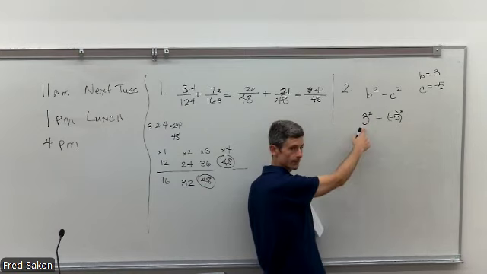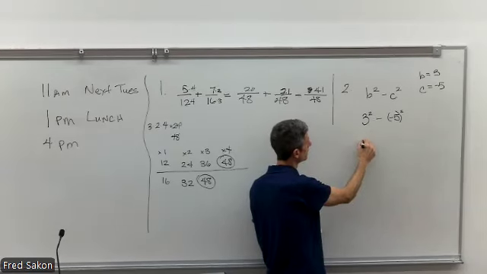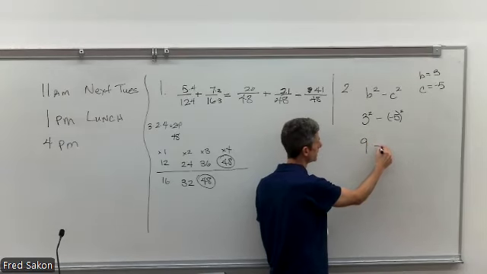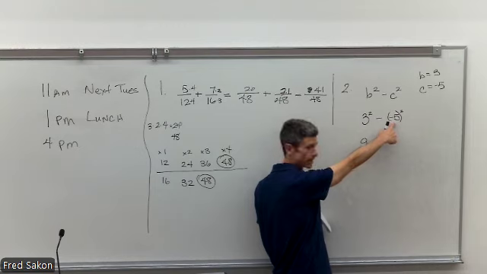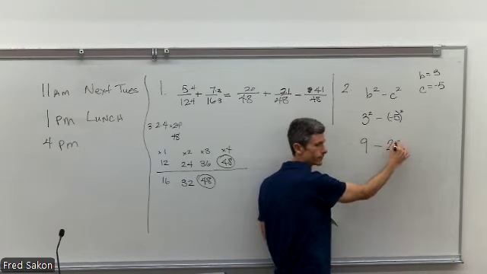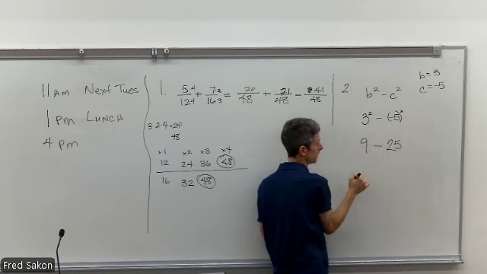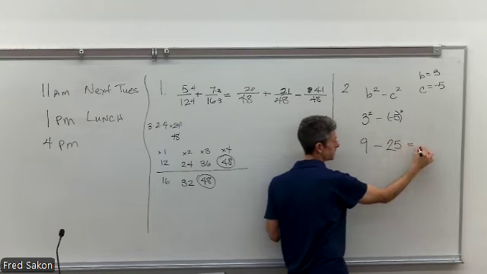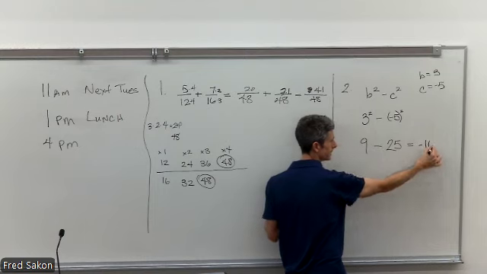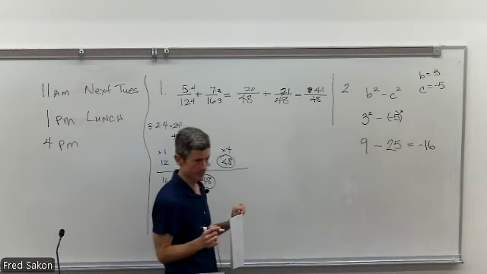What do we get for 3? 3 times 3 is 9 minus -5 times -5, that's positive, and 25. So subtract those two, we get 16 for the negative on it, and 25 is larger.